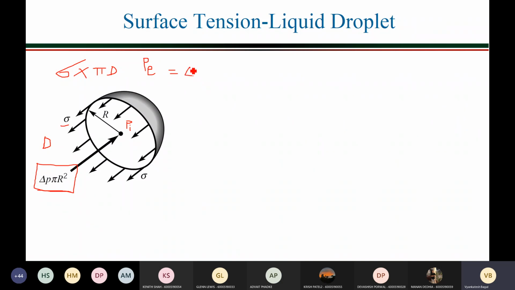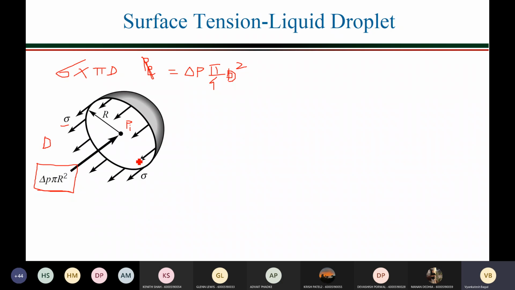So we are writing it as delta P. Now instead of writing in terms of R, I will write pi by 4 d square, capital D. Fine. Now forget about this. So this is simply the force balance I am writing for this liquid droplet.